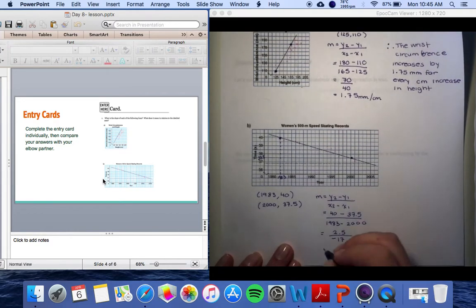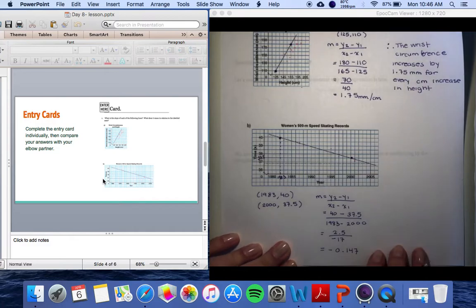So continuing to divide this, we're going to have 2.5 divided by negative 17, and that's going to leave us with negative 0.147. I'm just going to round off at that third decimal place there.